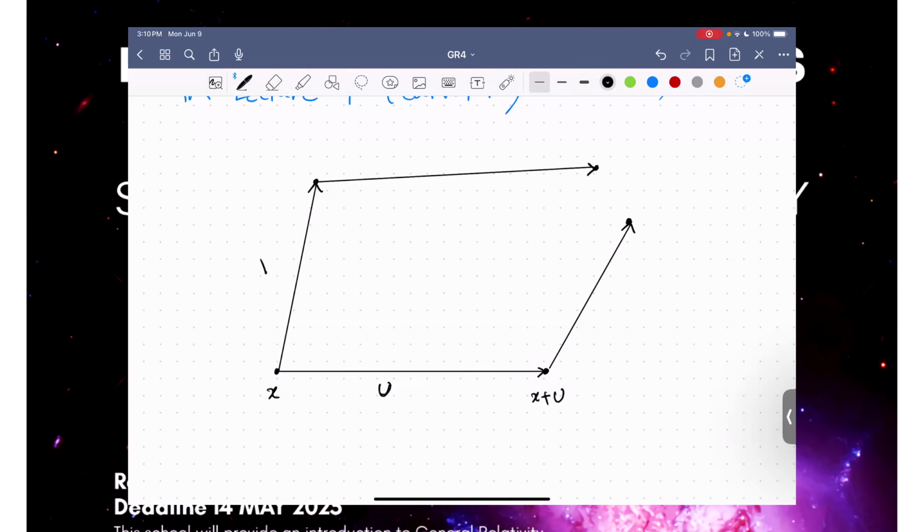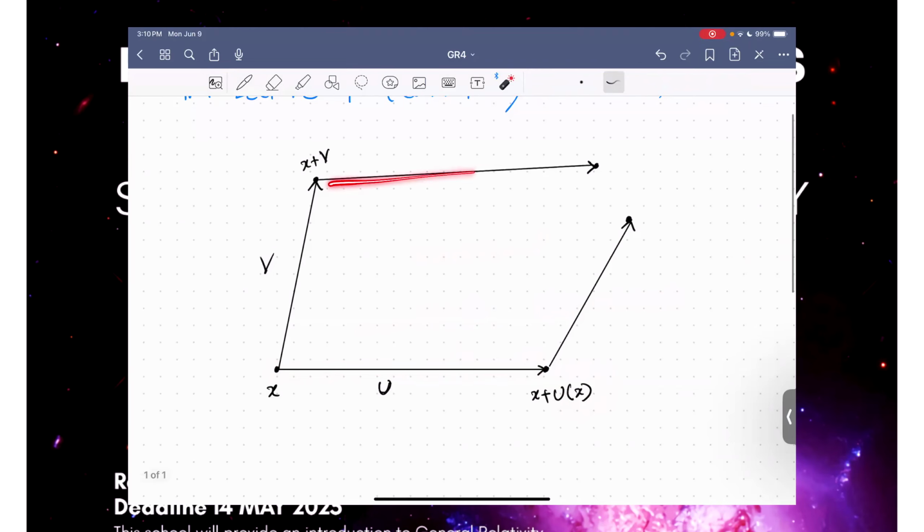Similarly, we have another vector field v pointing to some other direction, and this point is going to be x plus v. I should really write u of x, because this vector is located at x, and we have the same vector at other points. So this u of x is really referring to this vector.